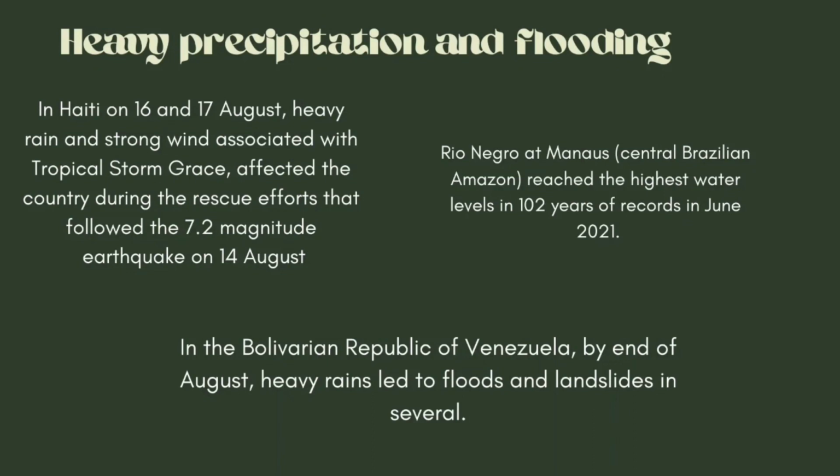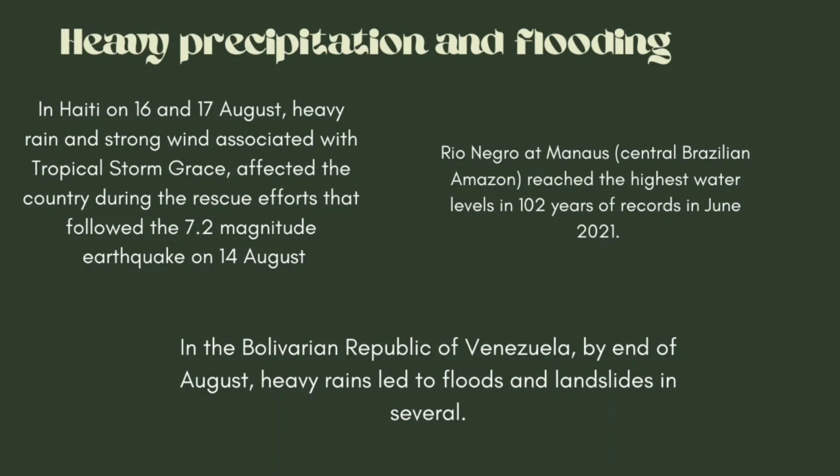One of the reasons why heavy precipitation and flooding may occur is climate change. As the Earth's climate changes, there has been an increase in the frequency and intensity of extreme weather events, including heavy rainfall and flooding.